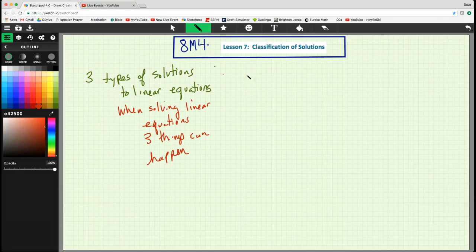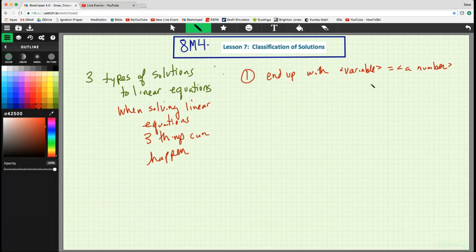We alluded to these over the last 6 lessons. The first thing that can happen is you can solve and end up with a variable equals a number.